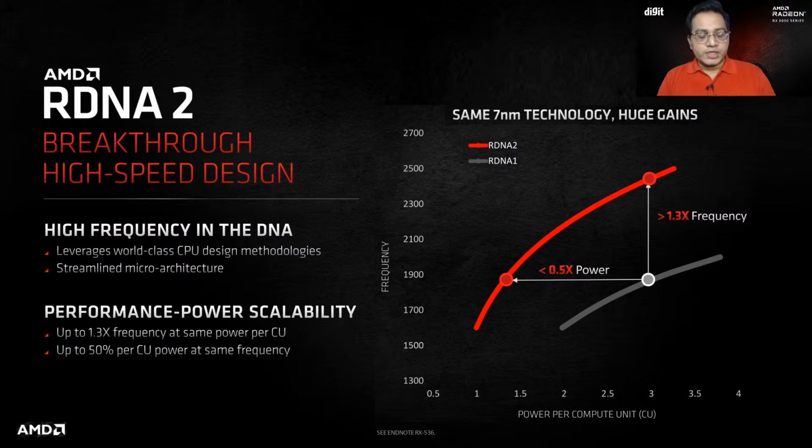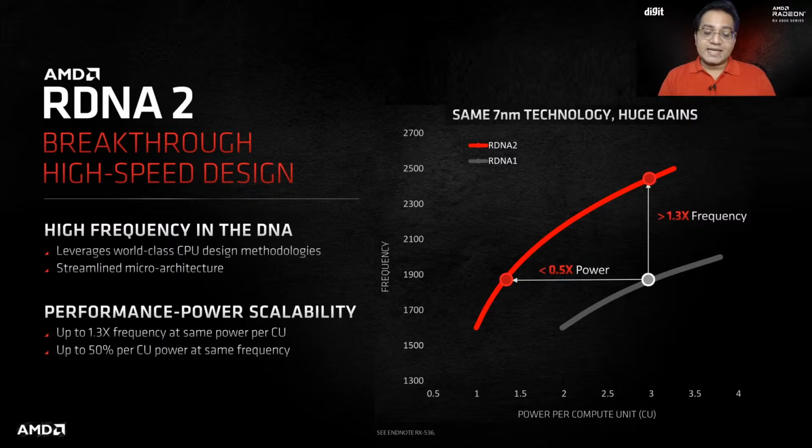The compute unit, just to add a little bit of context, is the logical segment of the GPU which can handle the entire graphics pipeline, and RDNA 2 has achieved up to 1.3 times the frequency that RDNA 1 was capable of at the same power level. Similarly, if you keep the frequency the same and check the power savings, RDNA 2 consumes up to 50% less power per compute unit.